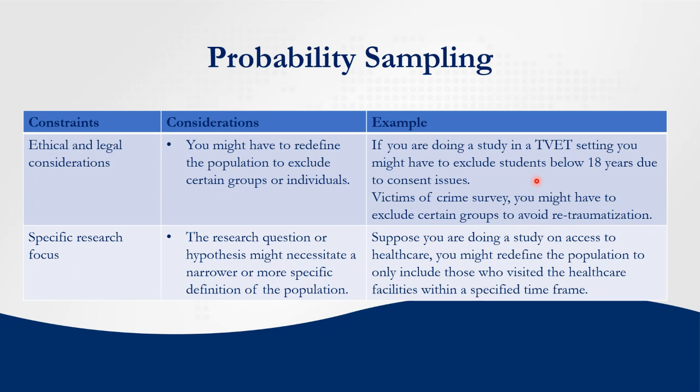Then you might say you want to exclude students who are below 18 because you don't want the parental consent issue. Sometimes you are doing a study on victims of crimes and you might want to exclude certain people who've been exposed to certain kinds of crimes to avoid re-traumatization.